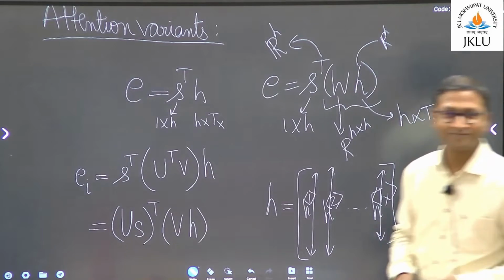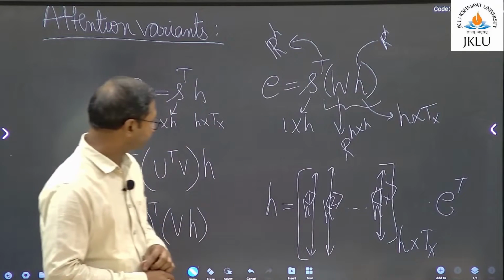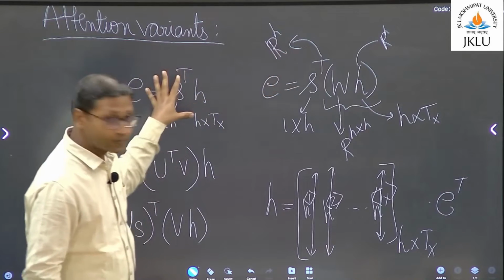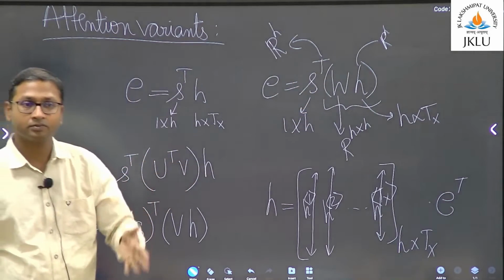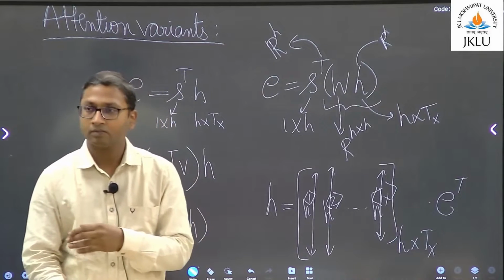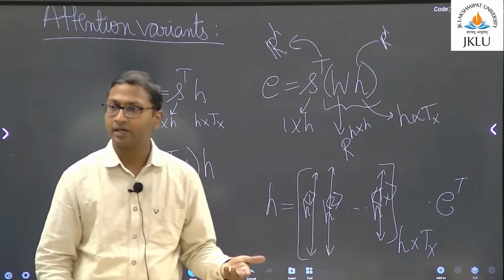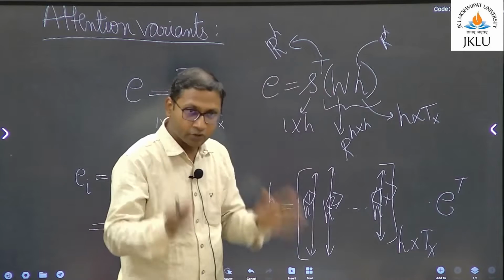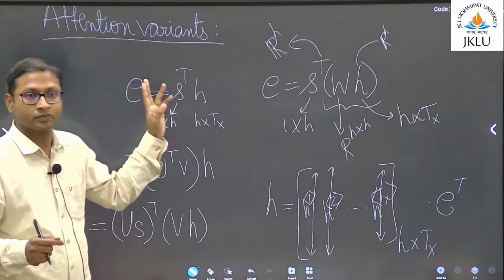Fine. Done? So, this makes sense? This makes sense. Why have we added parameters? Short answer is we always do that, and at least in theory you can say if W is the identity matrix, we fall back to this.